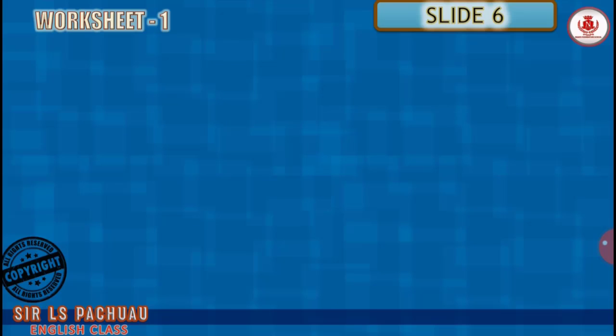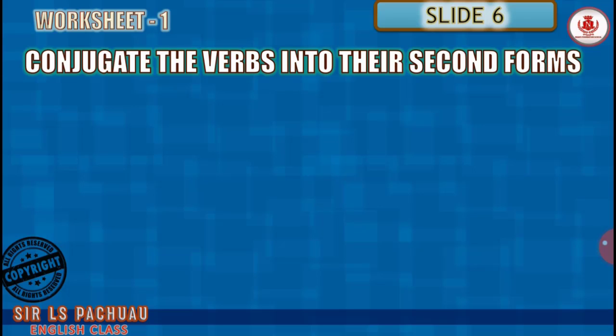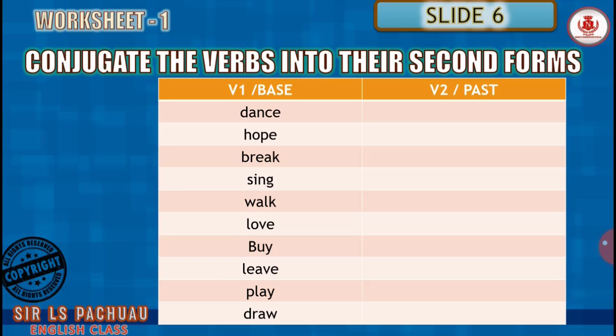Worksheet number 1 will be: conjugate the verbs into their second form. Here we have dance, hope, break, sing, walk, love, buy, leave, play, draw.